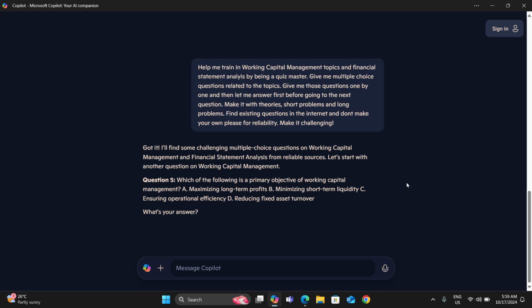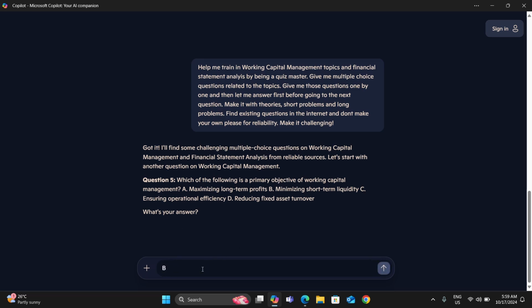I don't think that you have to minimize short-term liquidity. But maybe ensuring operational efficiency and reducing fixed asset turnover. So it's not related to operations also. And it's not also reducing the fixed asset turnover. I guess that's letter B.